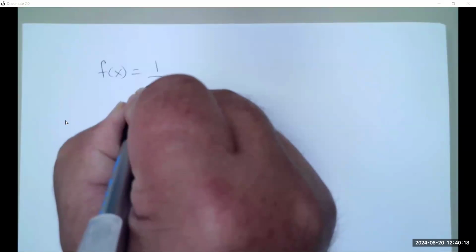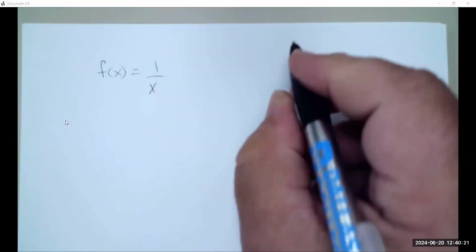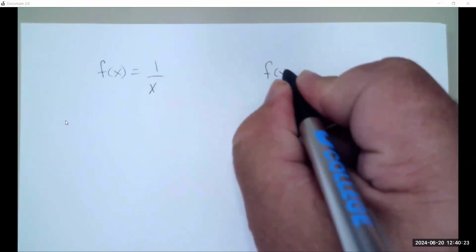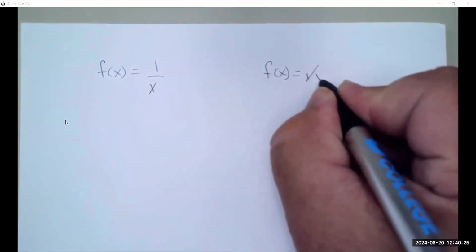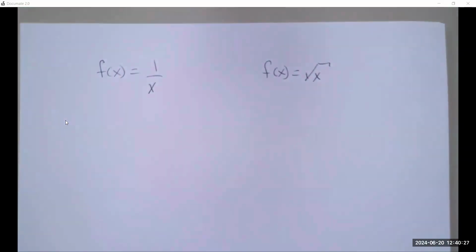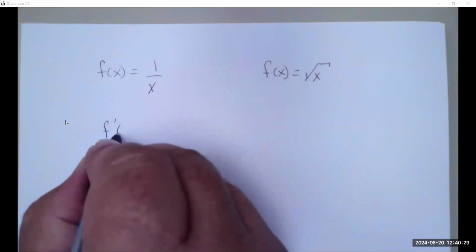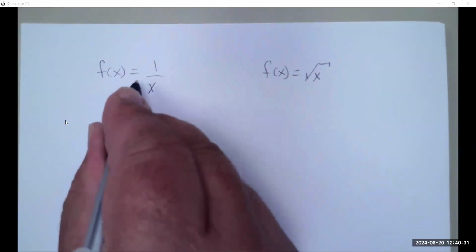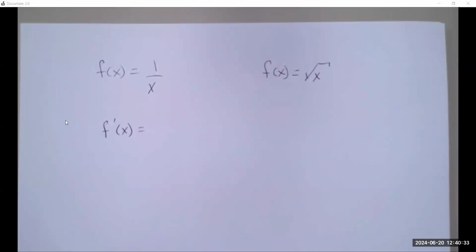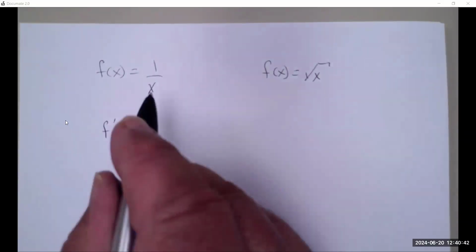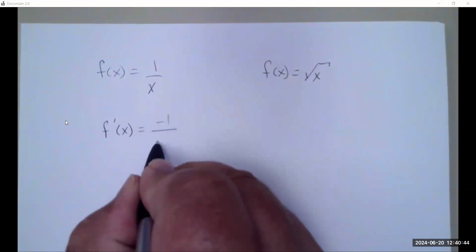So let's see what we've done so far. The derivative of 1/x gave us what? -1/x².